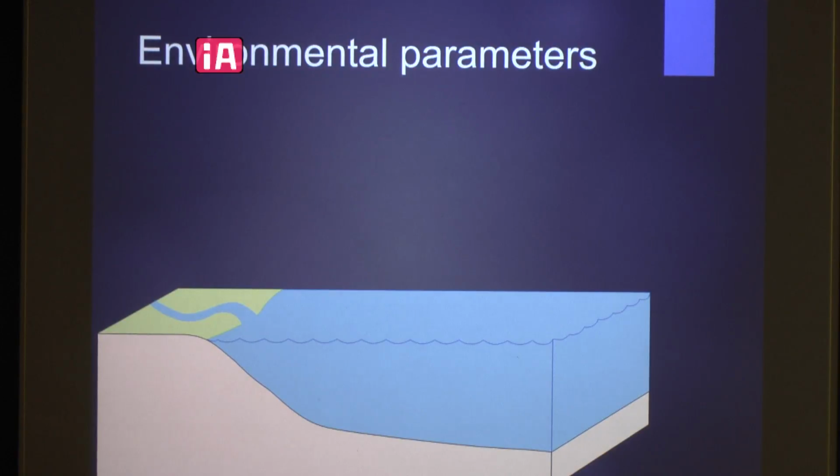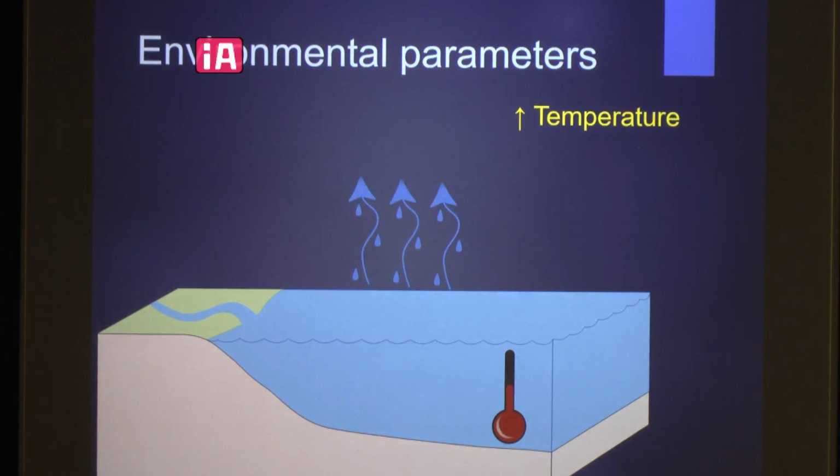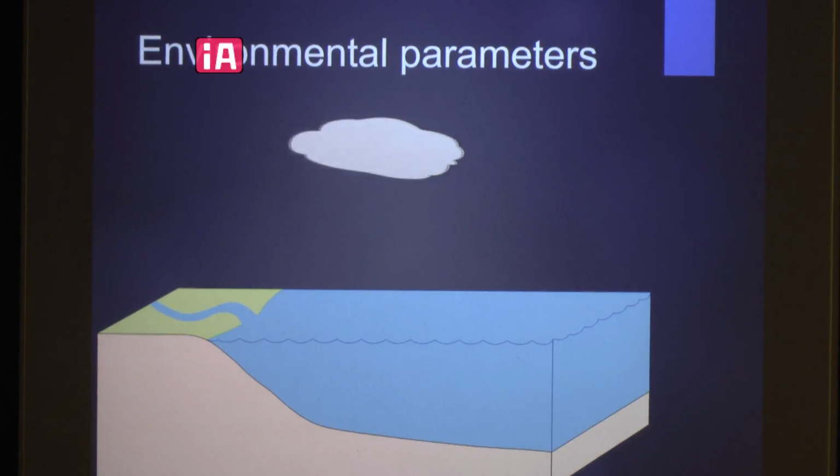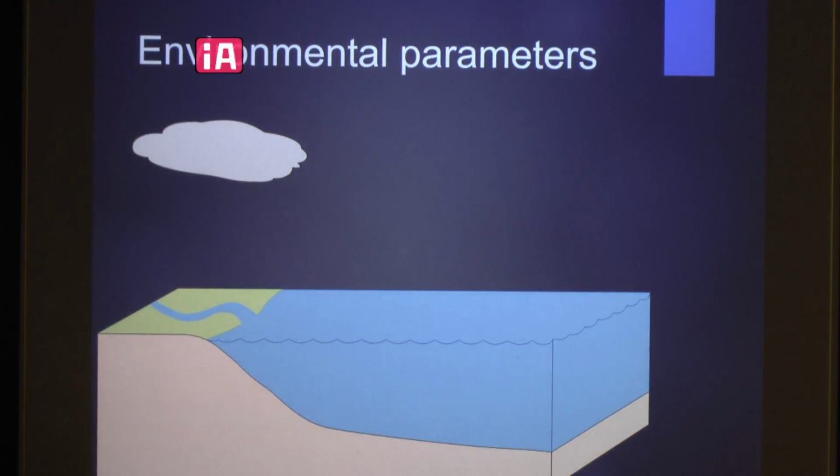If we have a coastal area, high temperatures have been correlated with an increased activity of bacteria in the water, as well as most mosquito-borne diseases. Also, high temperatures can lead to evaporation, cloud formation, and it's going to increase the amount of precipitation potentially in a specific area.